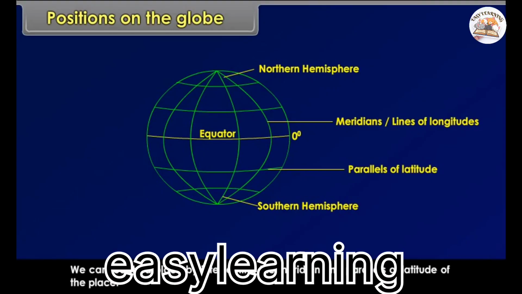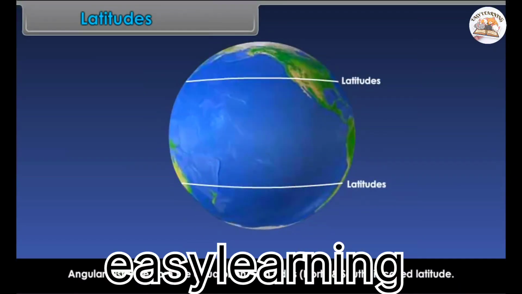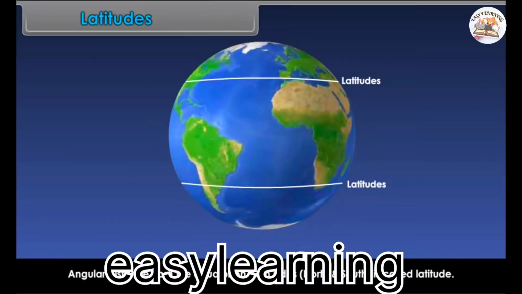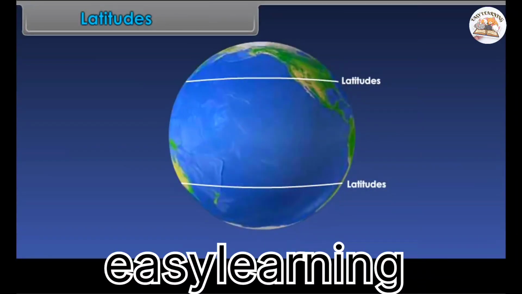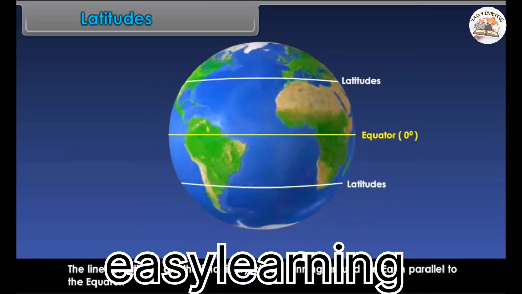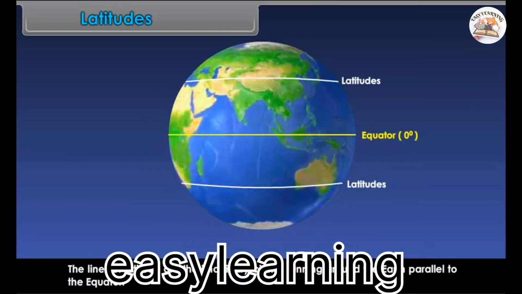We can locate a place by intersecting the meridian and parallels of latitude of the place. Latitude is the angular distance from the equator on both sides, north and south. The lines of latitude are the imaginary circles running around the Earth parallel to the equator.